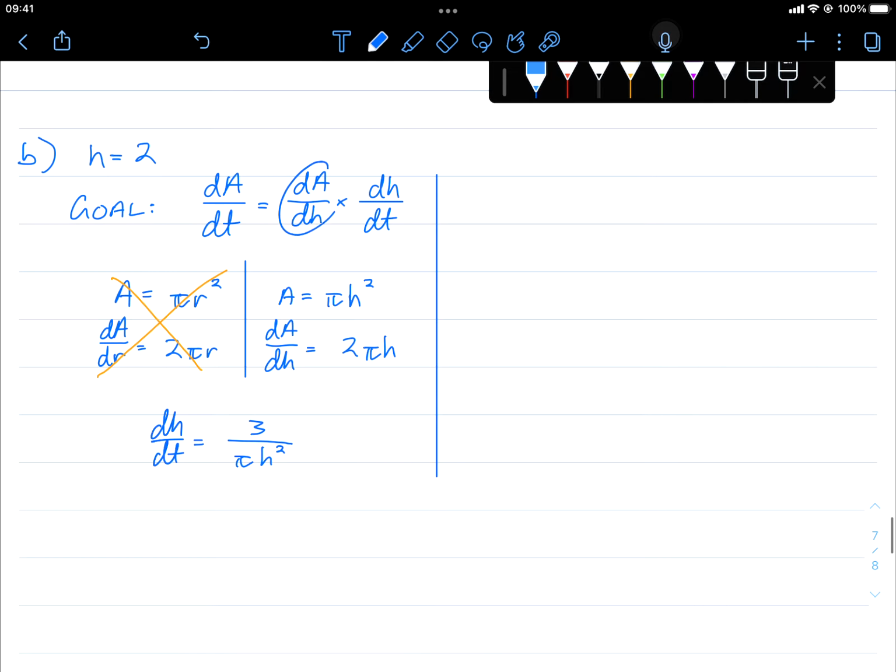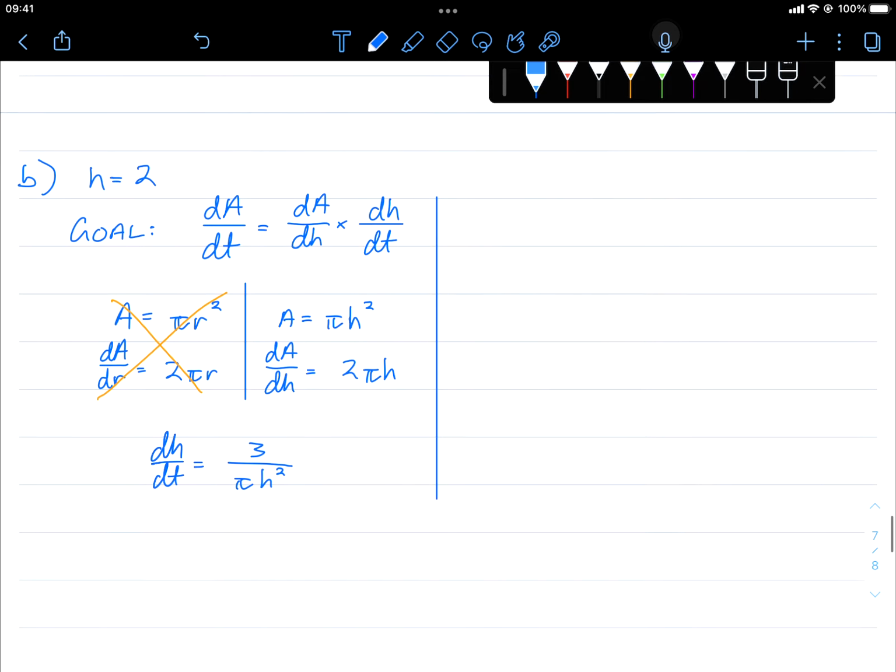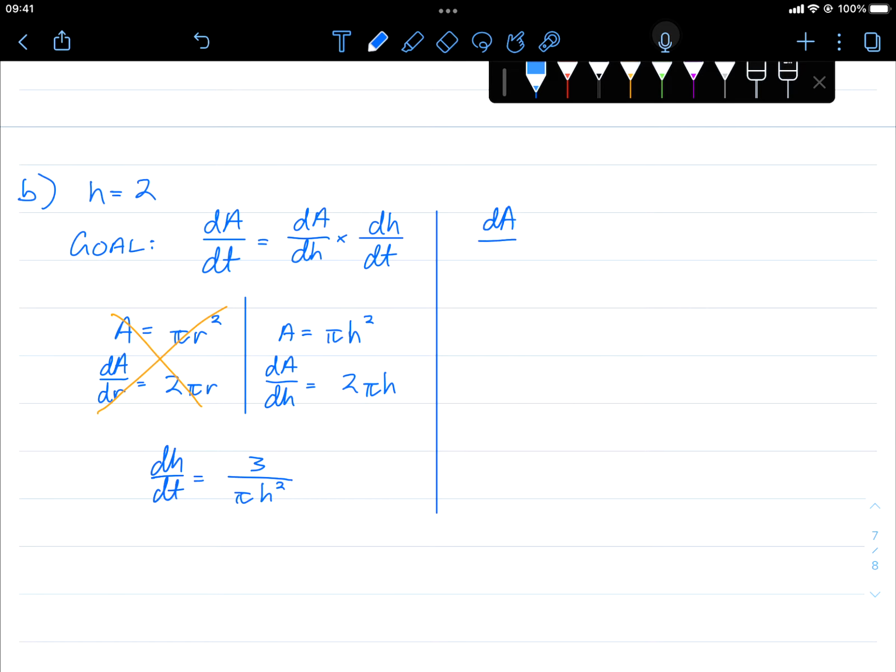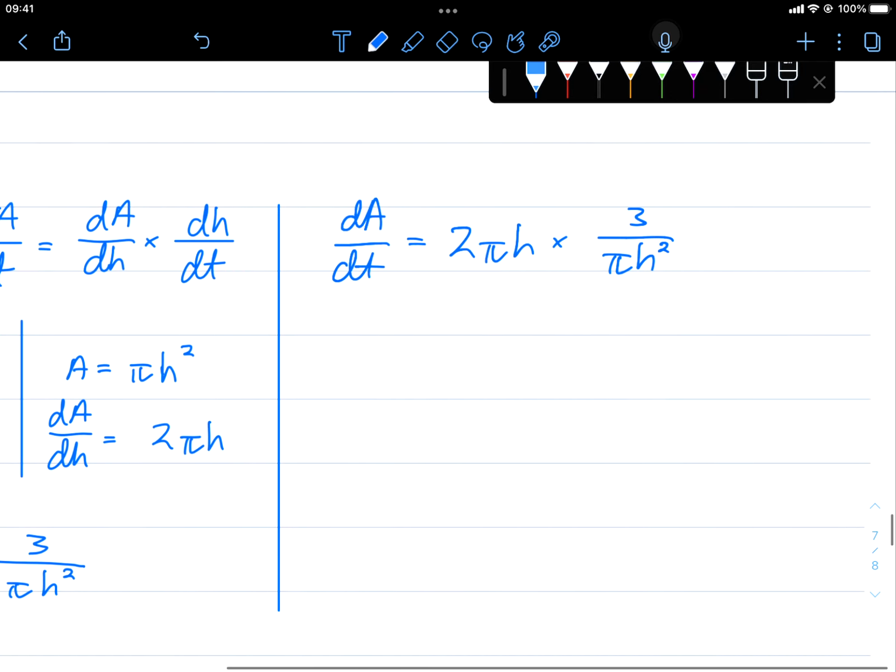Well, we have everything that we need now, because we have dA on dh, that's 2 pi h. So dA on dt, which is what we were looking for, is equal to dA on dh, 2 pi h, times dh on dt, which is 3 on pi h squared. Simplifying this, h cancels, the pi cancels, and we're left with 6 on h.